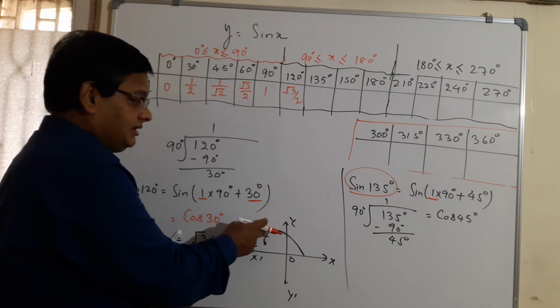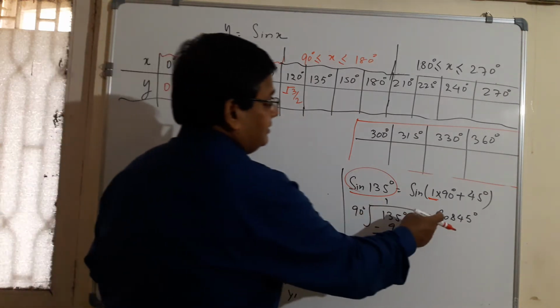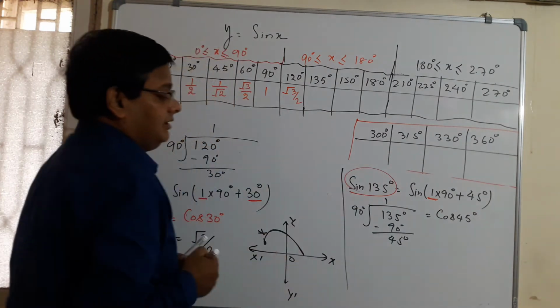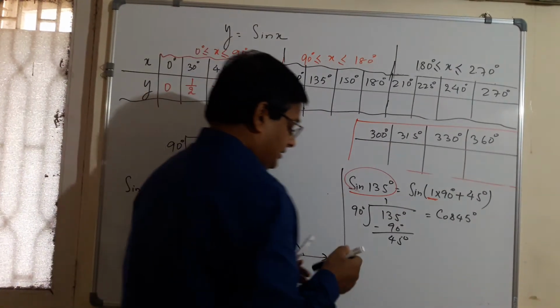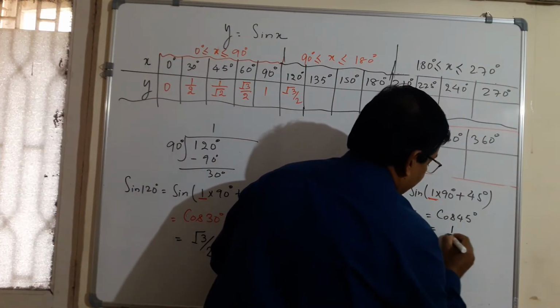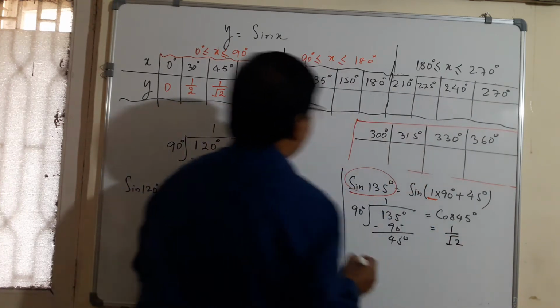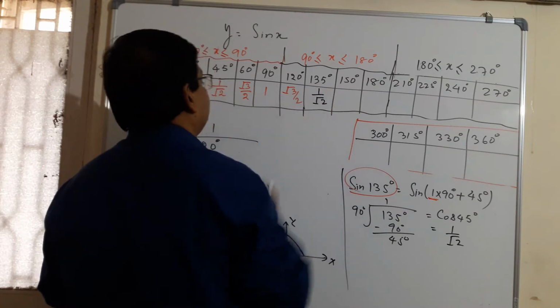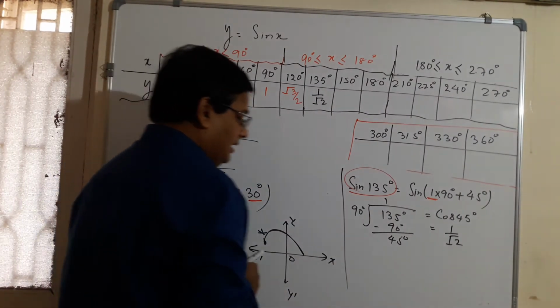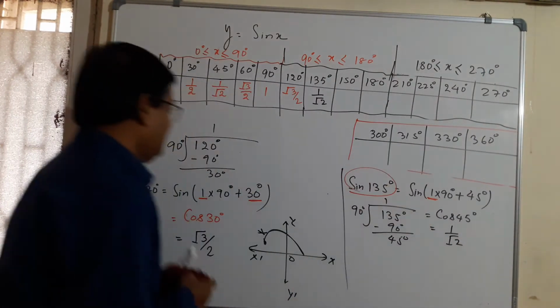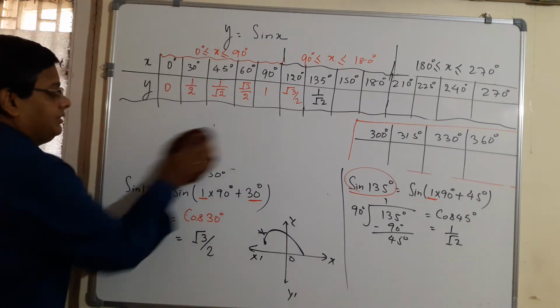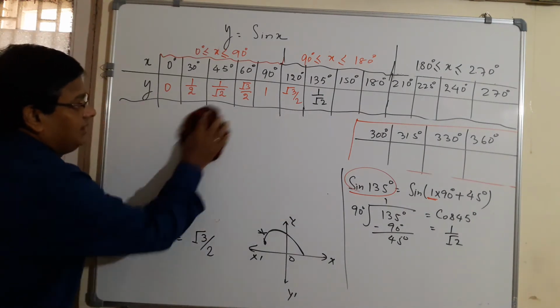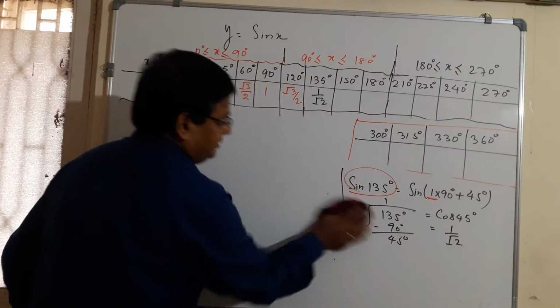So sin theta is positive, so the sign here is positive. Cos 45 degree is 1 by root 2. So put here 1 by root 2. Similarly, now we can find out 150 degree.